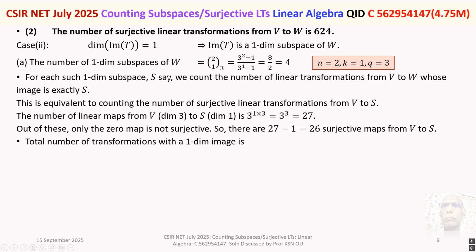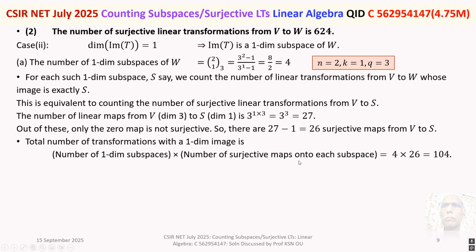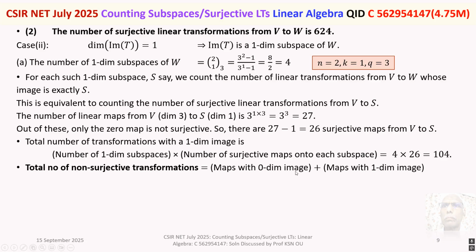And this 26 you got for this S. But how many S can you have? 4 S's. The total number of transformations with a one-dimensional image will be the number of one-dimensional subspaces, that is 4, multiplied by the number of surjective maps onto each subspace, that is 26.